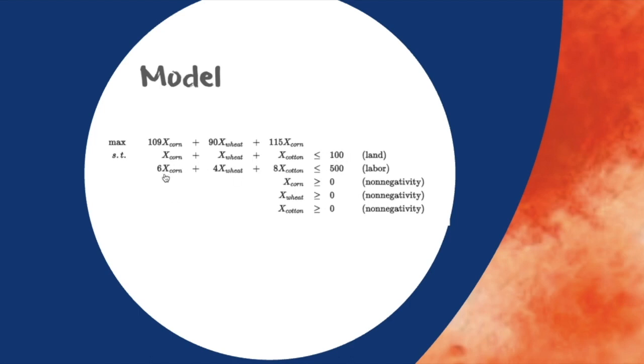For labor, 1 unit of corn needs 6 units of labor, plus 4 units of labor for 1 unit of wheat, and also 8 units of labor for 1 unit of cotton. The sum of these needs to be lower than or equal to 500. And here are the sign restrictions: all of them need to be non-negative.